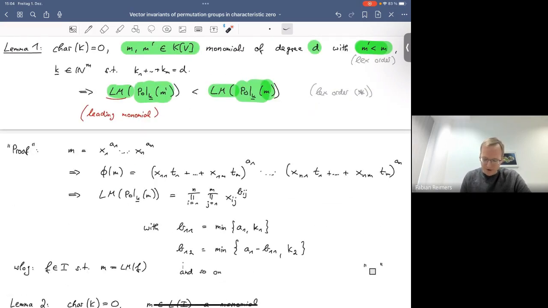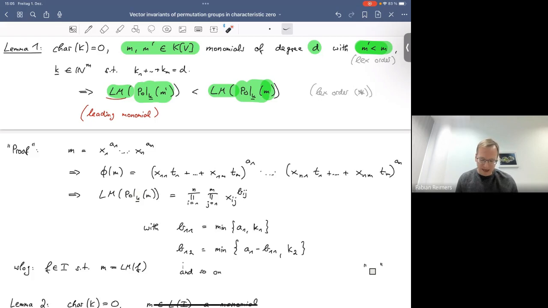So you go through how many times can this contain, or must this contain the variable x11, and of course at most a1 times here, but also at most k1 times, because we look at the polarization with multi-index k here.